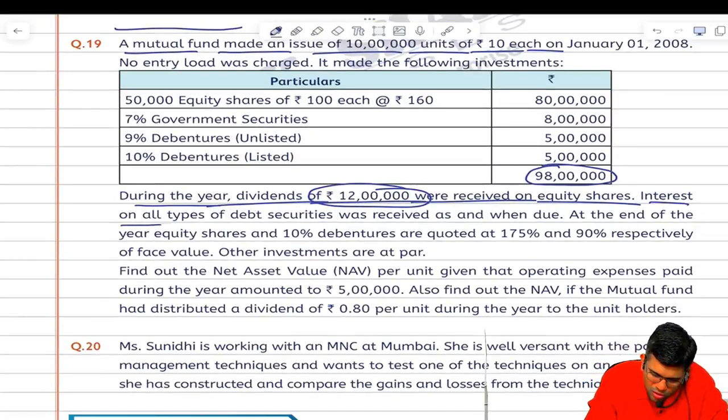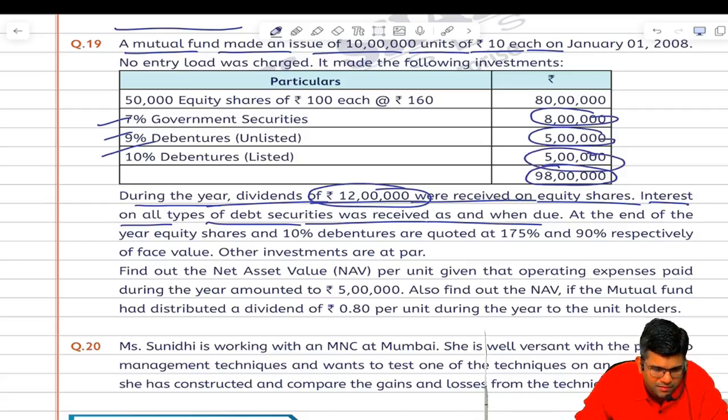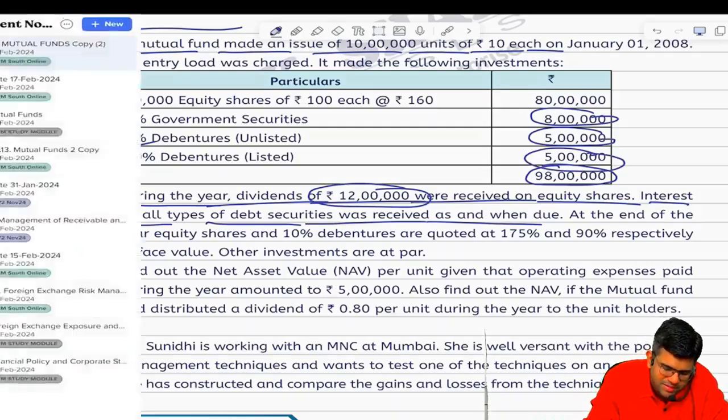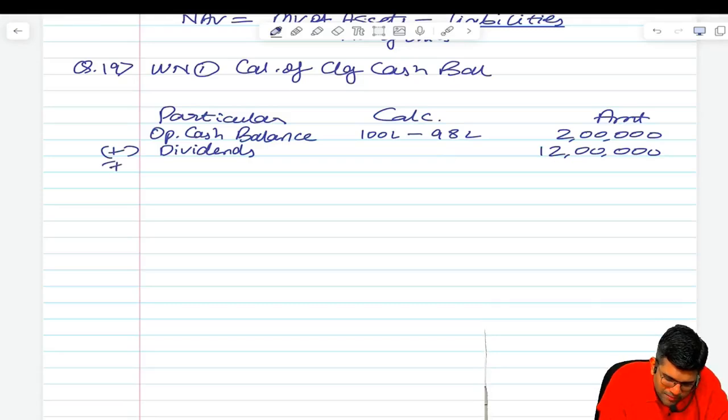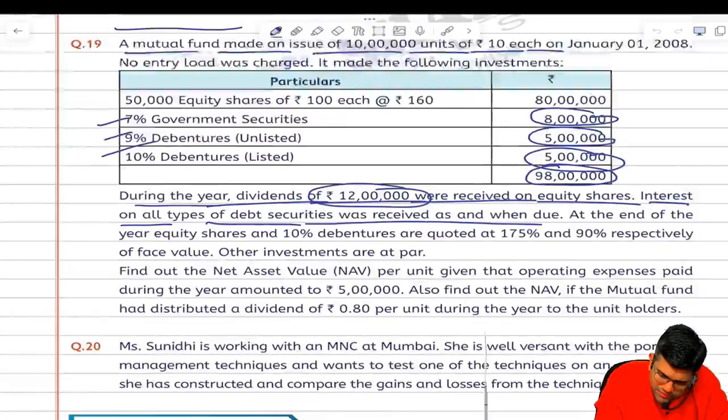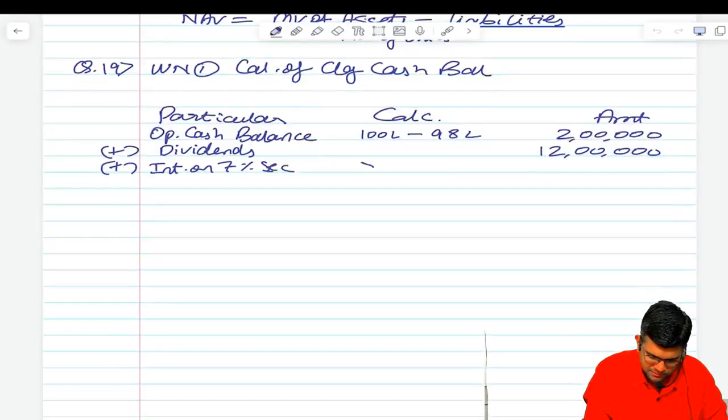Interest on all types of debt securities were received as and when due. So you will get 3 types of interest now, some from these debt investments. So first I'll get interest on 7% securities. I'll write here interest on 7% securities, which will be 8 lakh into 7%, that is 56,000.